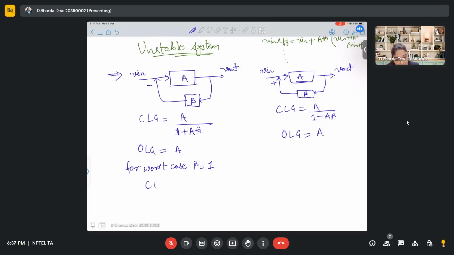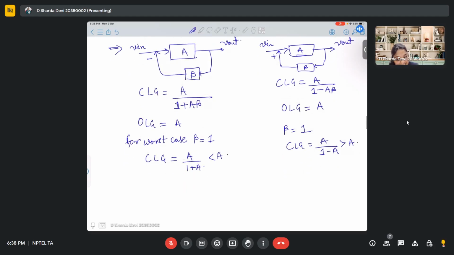In that case, with negative feedback your closed loop gain becomes A upon 1 plus A, which is less than A, right? And here for beta equal to 1, the closed loop gain becomes A upon 1 minus A, so this is greater than A. You are subtracting something from 1 and you are dividing by it, so it will ultimately increase your gain.